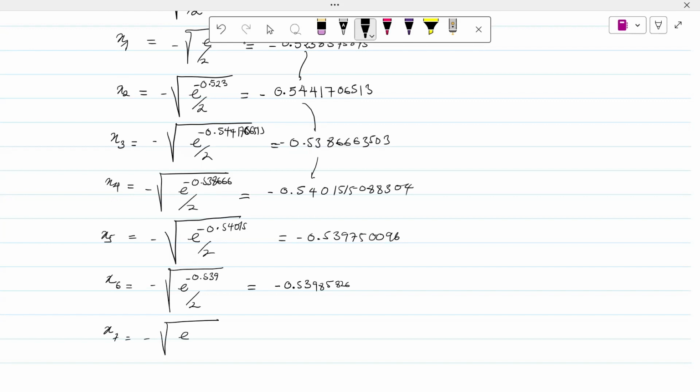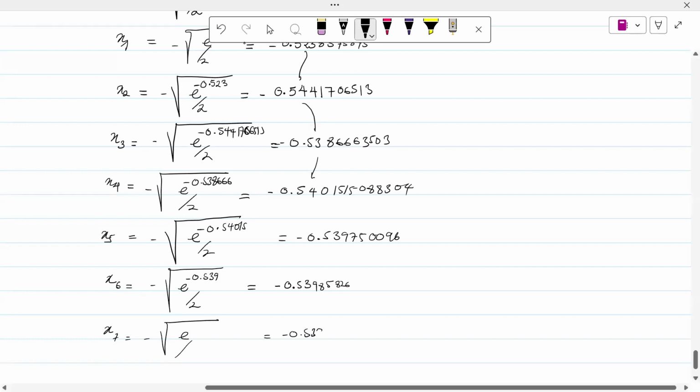Okay, what's the next value? Negative 0.5398, 290, 709.